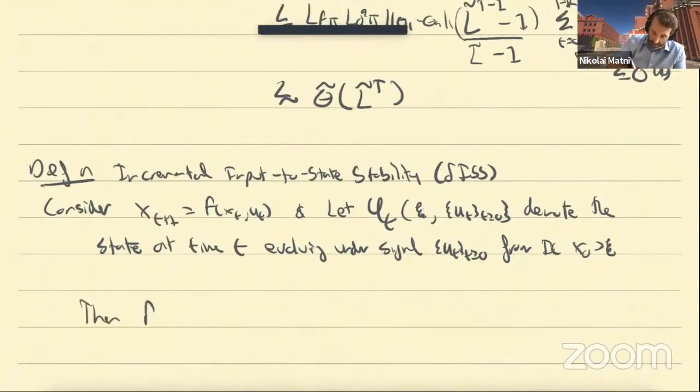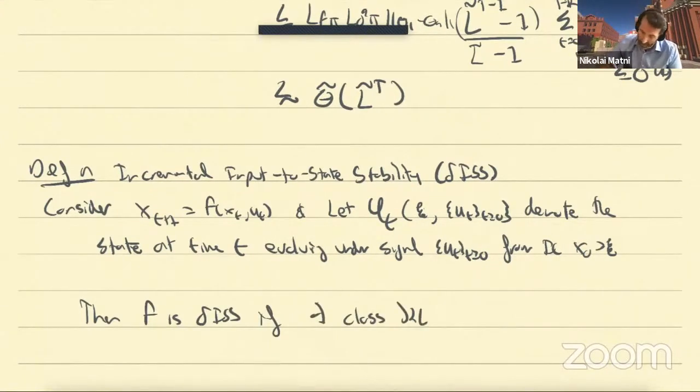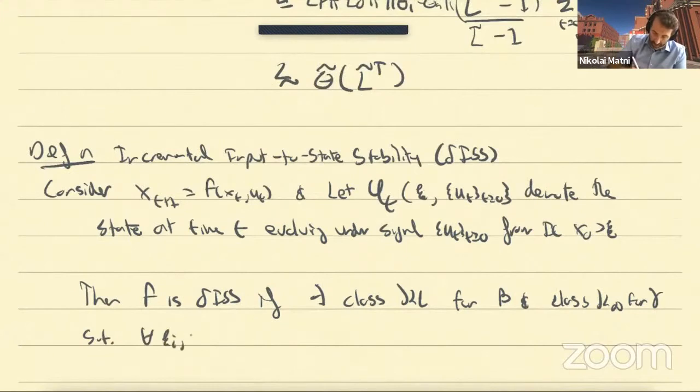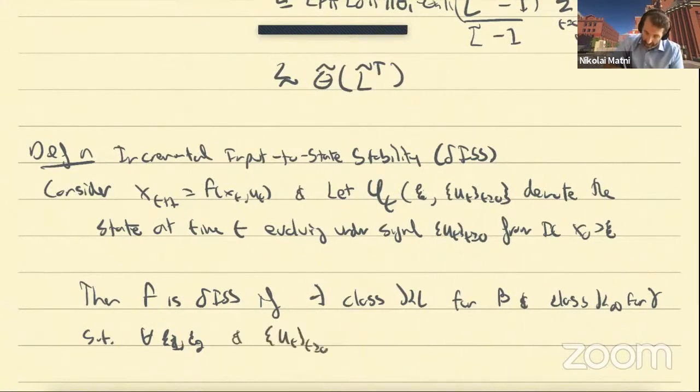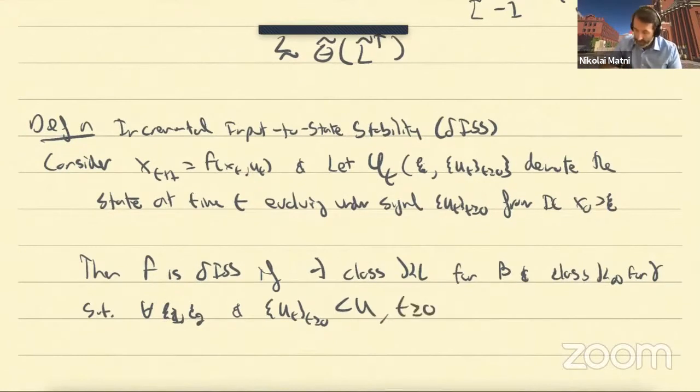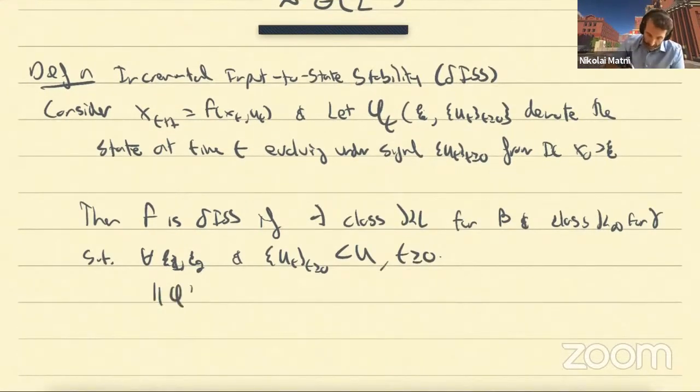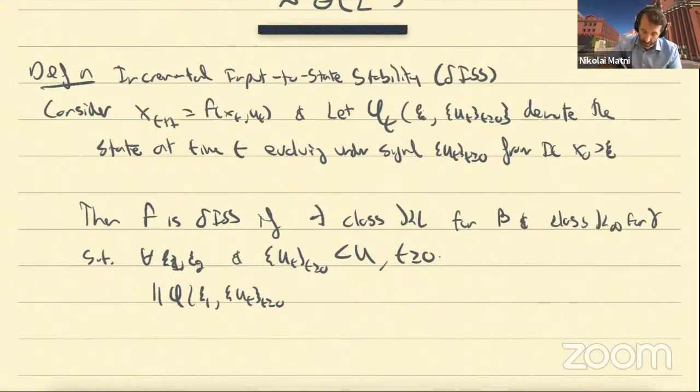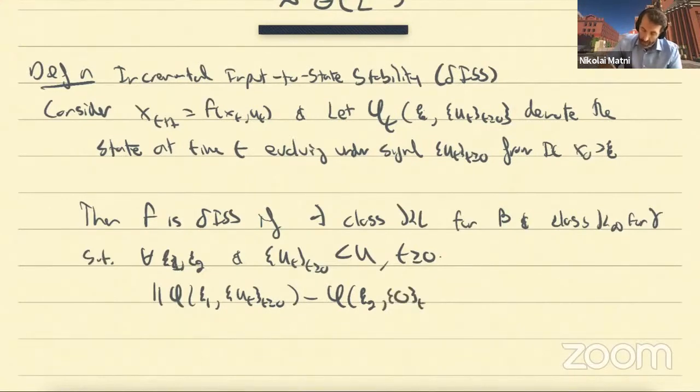Then f is delta ISS if there exists a class KL function beta and class K infinity function gamma, such that for all pairs of initial conditions and all input signals living in some space, and for all t greater than or equal to 0, I can bound the difference between one trajectory that's starting at initial condition c1 and that's being perturbed by this input u_t, minus the other trajectory, but it's not being perturbed.